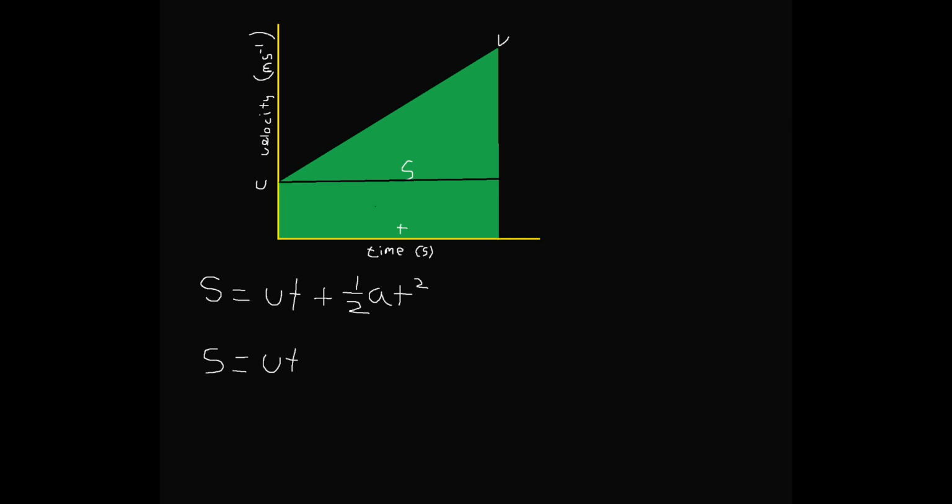However, we've already worked out this rectangle here, and now we're going to have to work out this triangle shape over here. So you know that because this height is u and this height is v, this height over here will be v minus u. And then of course the base is equal to t. So you have ut plus 1/2 multiplied by t multiplied by v minus u.